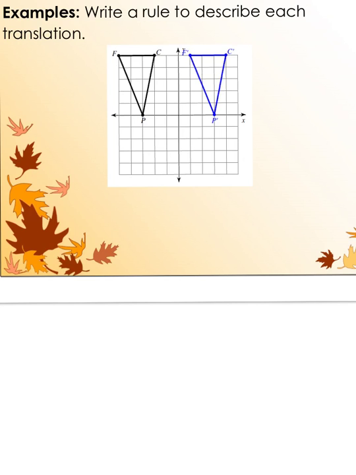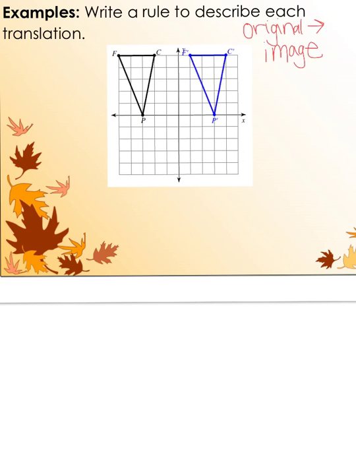Between yesterday and today, every image that we created has had these little apostrophes on here. So this means this is the image. So when we are writing our rule, we always want to start with the original, and we go to the image.